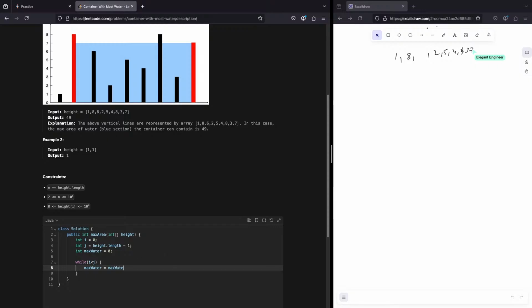I already know it is a two-pointer thing.